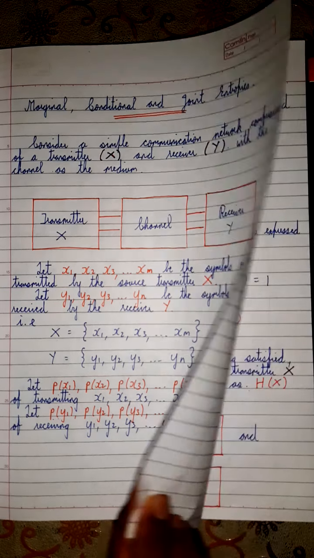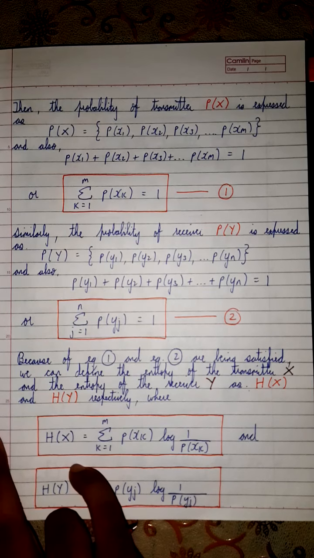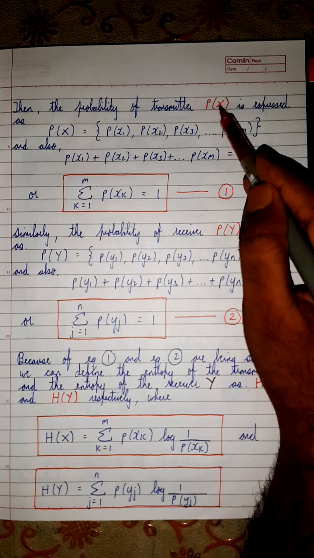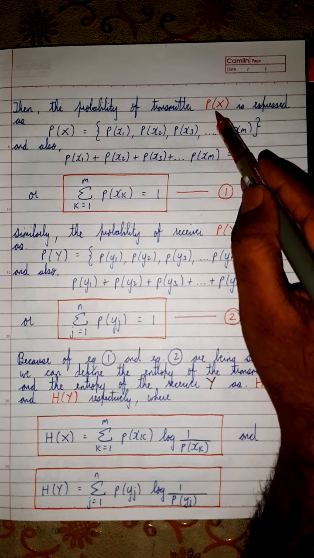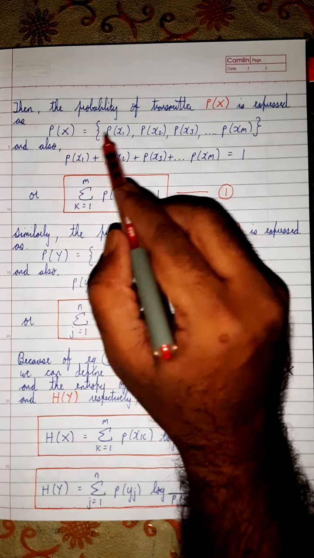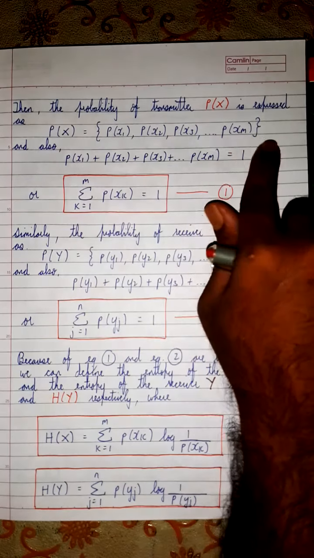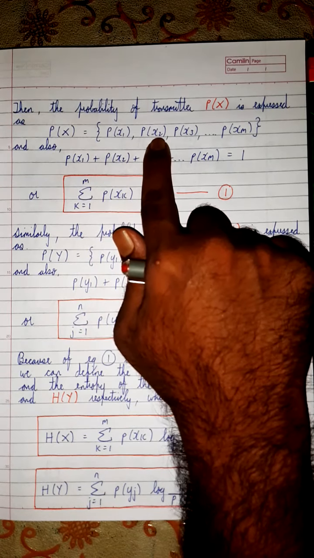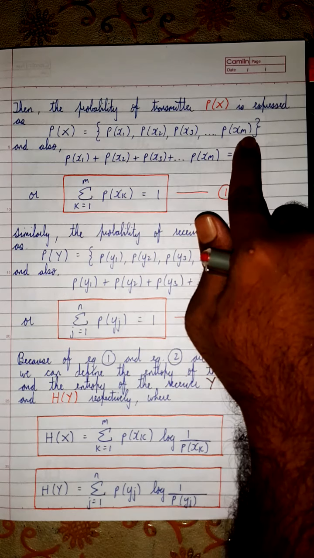Then the overall probability of the transmitter, P of x, is expressed as P of x equal to a set of, this curly bracket represents a set, right? It's a set of P of x1, P of x2, P of x3 up to P of xm.